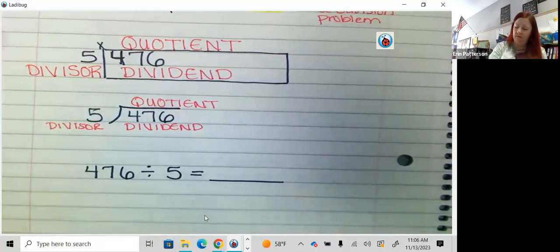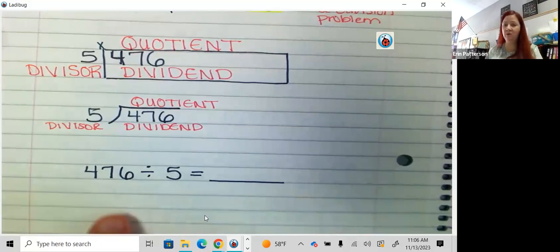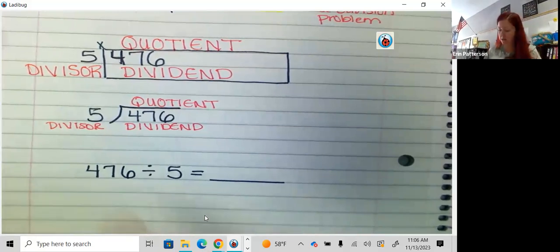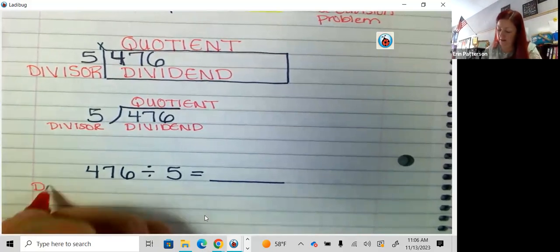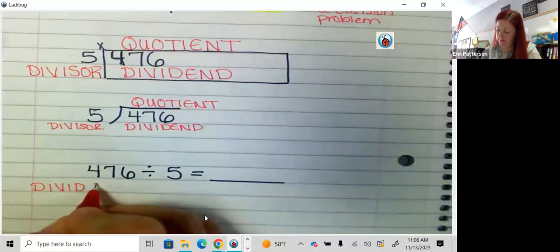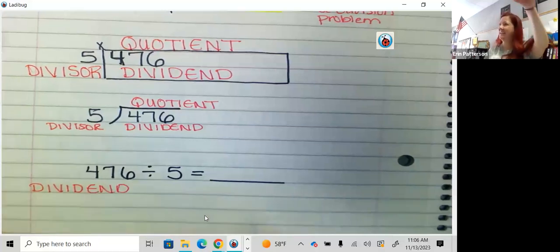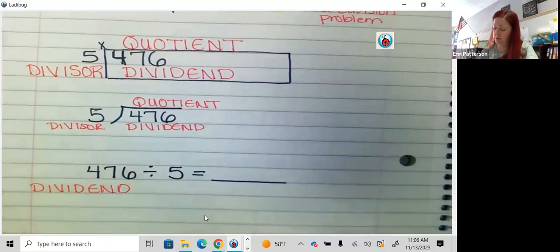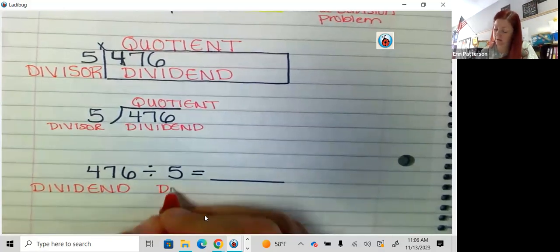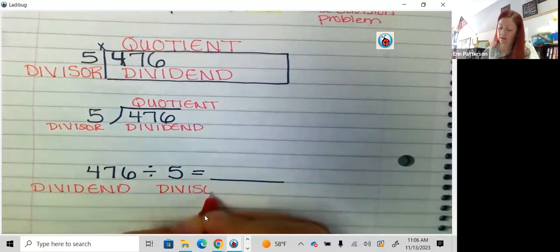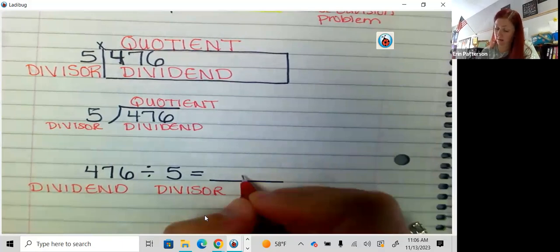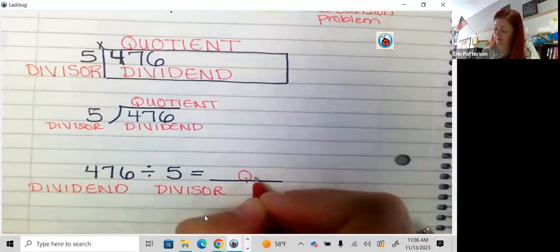Still, the bigger number is what we're dividing into, the dividend. That's how I remember it. I'm scooping into that big number. This is still our divisor. And my answer always and forever with division is going to be a what? Quotient. Yes.